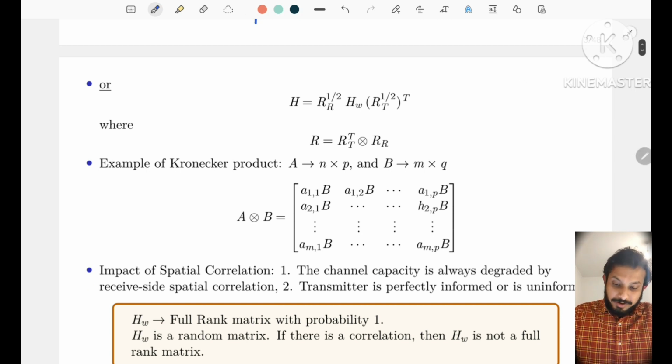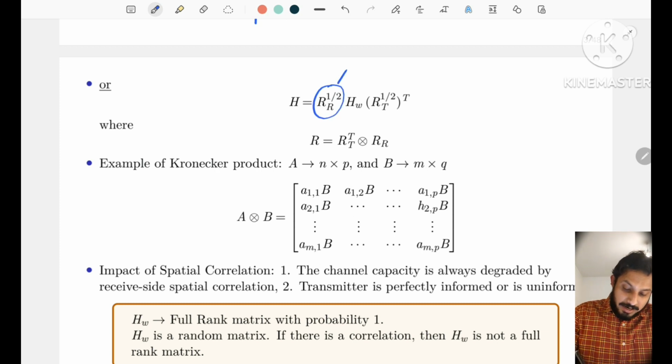Now the covariance matrix can be split into two parts. First is the covariance matrix at the receiver, RR, that determines the correlation at the receiver side, and RT determines the correlation on the transmitter side.